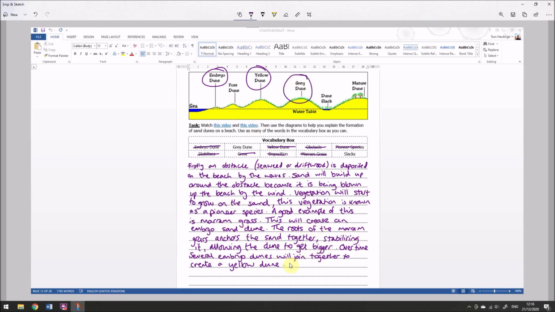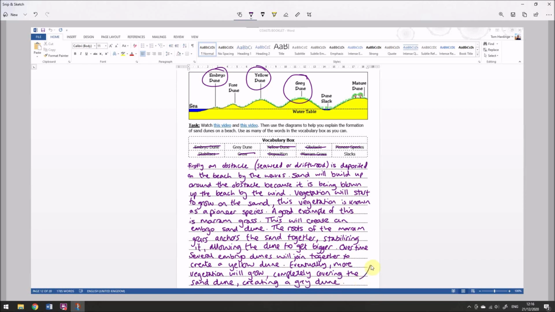So we can say eventually more vegetation will grow, completely covering the sand dune, creating a grey dune.